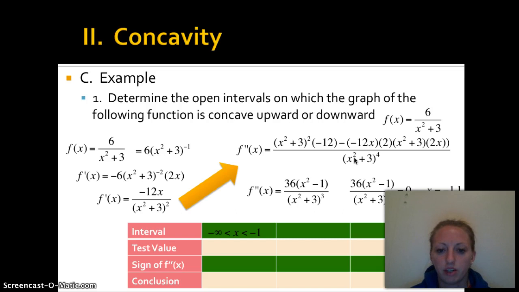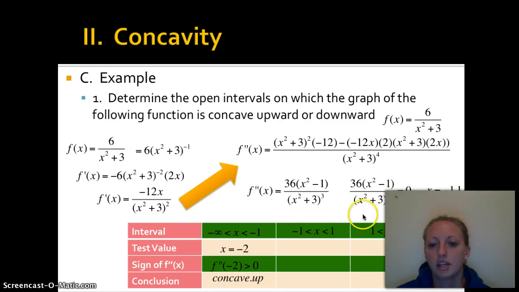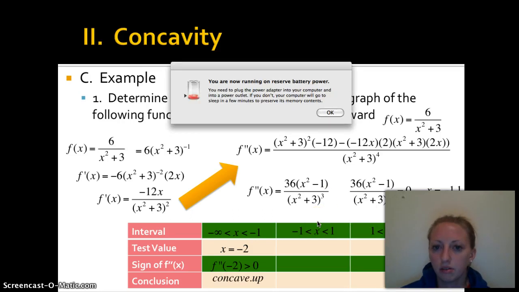So we have negative infinity to negative 1, negative 1 to 1, and 1 to infinity. A value in between here, I chose negative 2. So when I plug negative 2 into the second derivative, so into this, I get that to be bigger than 0. Remember, if it's bigger, that means it's concave up. Negative 1 to 1, I chose 0.